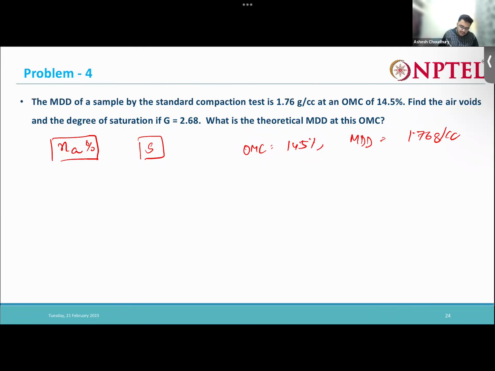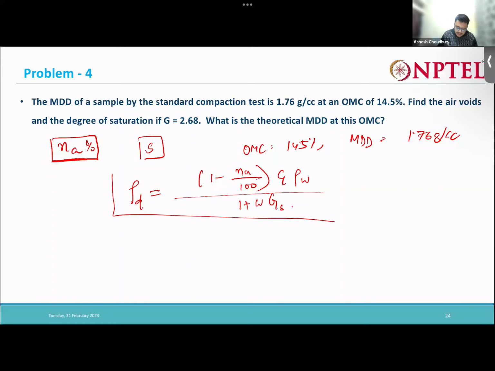There is a direct relation between dry density and the percentage air voids, Na, which is nothing but 1 minus Na by 100. Please remember this relation.